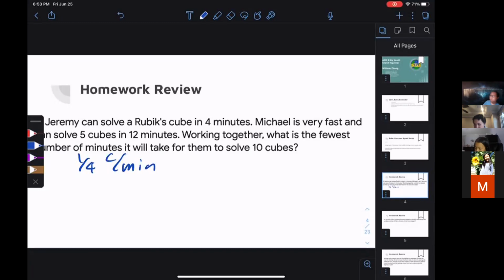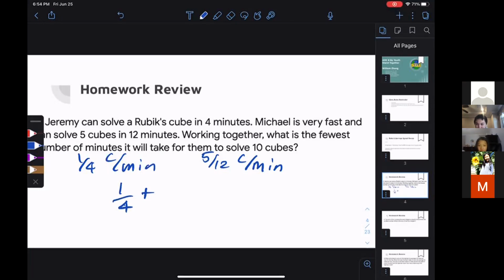So in 1 minute, he'll solve 5/12 of a cube. It doesn't really make sense to solve fractional parts of cubes, but that's just the rate at which they solve. And you want to find the minimum amount of time it'll take for them to solve 10 cubes together. Right?